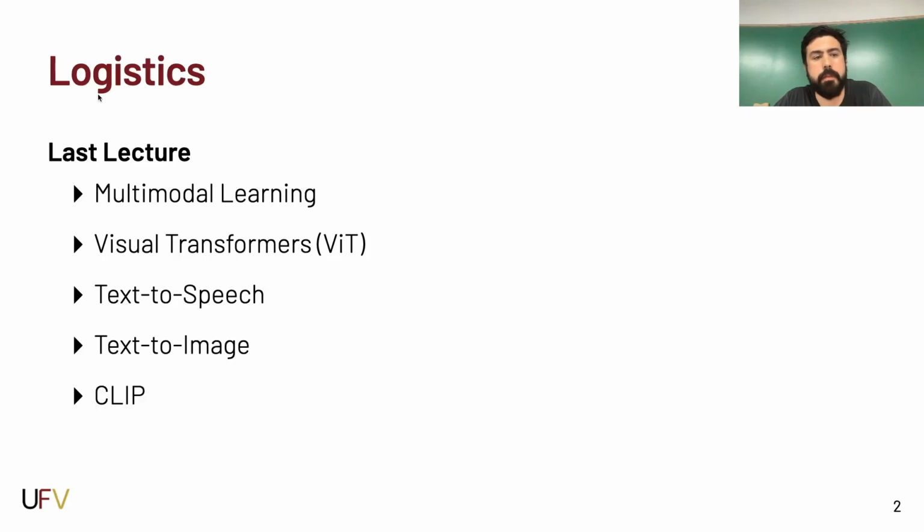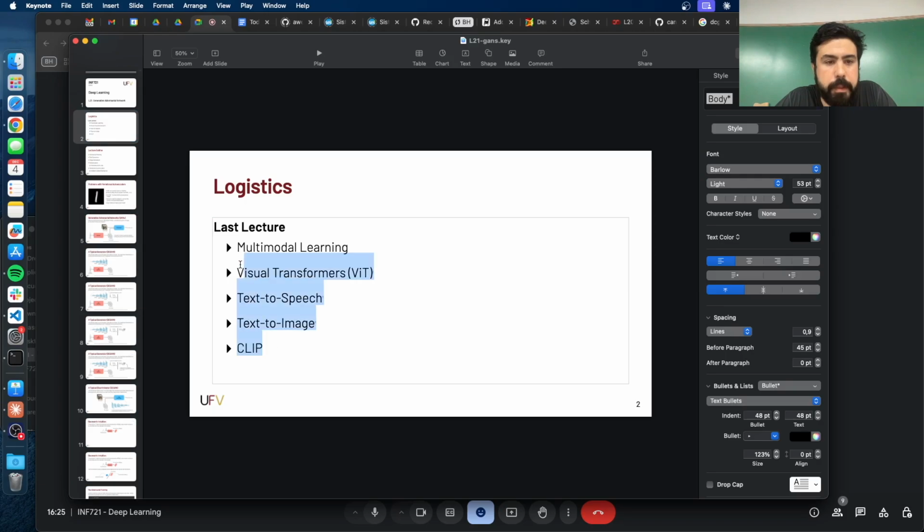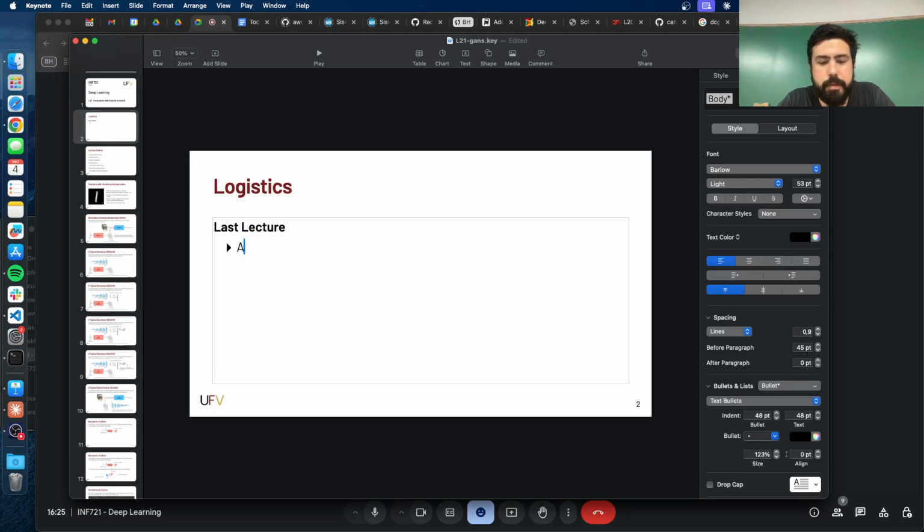This is not updated. My bad. So last time we were talking about variational autoencoders, but then we started with autoencoders, right? And then we talked about two types of autoencoders: denoising autoencoders, and masked autoencoders. And then we saw variational autoencoders.